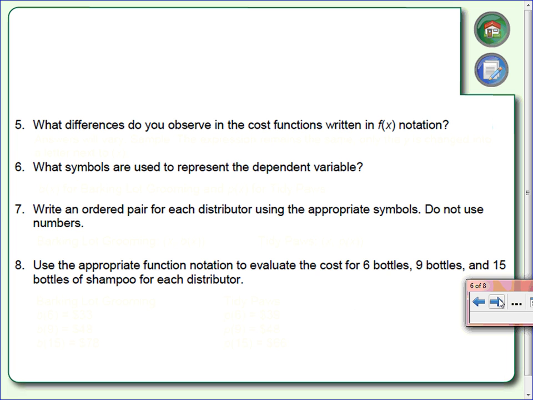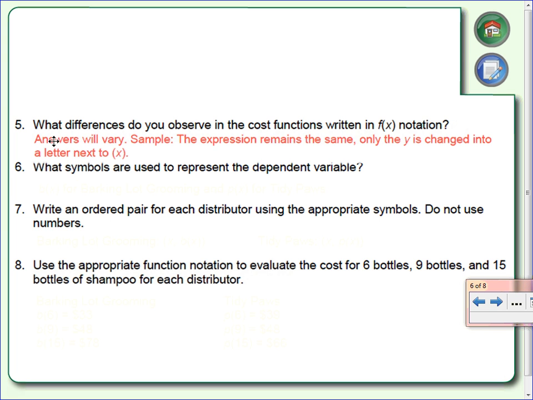All right, so number 5. What difference do you observe in the cost function written in f of x notation? Well, we've kind of discussed that already, guys. The expression remains the same. The only thing that changes is the y into a letter next to x in parentheses.